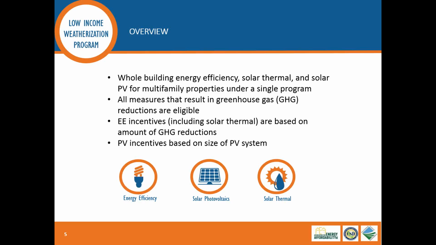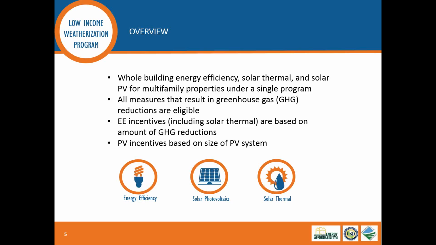structure in California. As a result, we're looking for measures that result in greenhouse gas reductions. And typically any type of upgrade that results in energy savings also has an equivalent greenhouse gas reduction to it as well. So it's similar types of measures that you would see in utility programs or other state energy programs or regional energy network programs.